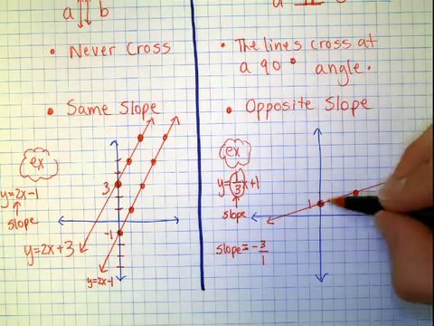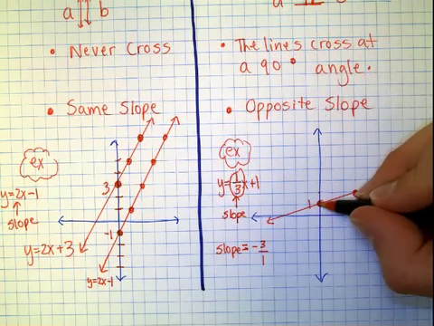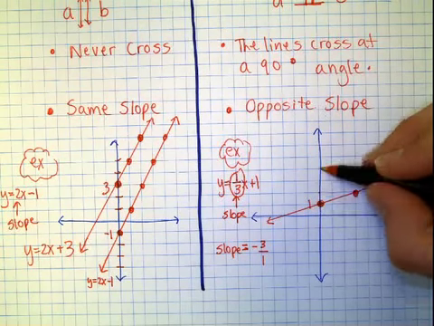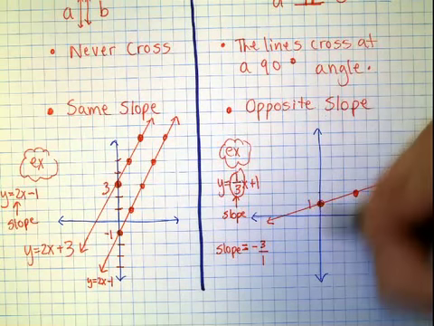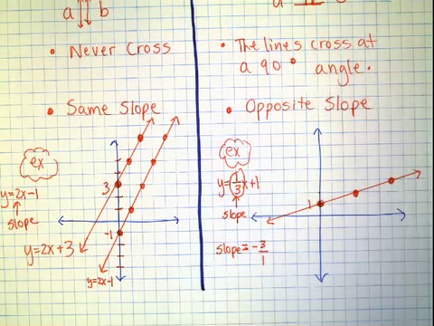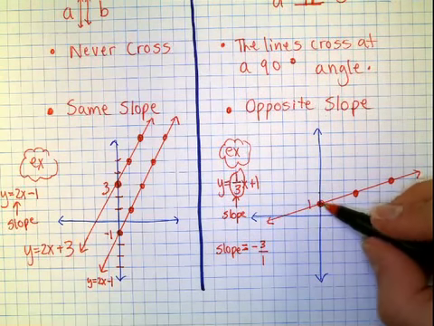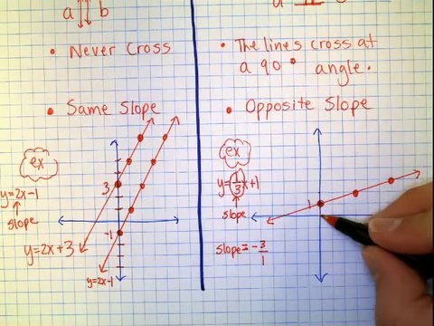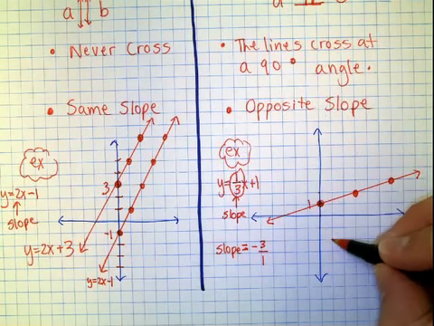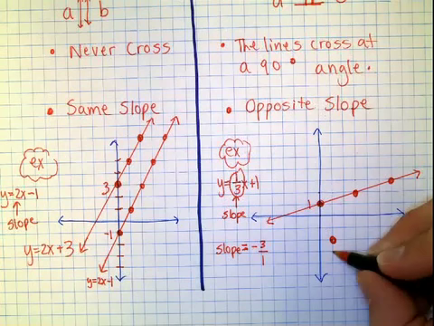So we can start the line. We could start at 1 if you want. We could start up here at 5 or 6 or 7. It doesn't matter where we start, as long as we have the opposite slope. So why don't we start at 1? We'll keep the same starting point. But now I'm going to count down 3, 1, 2, 3 over 1.